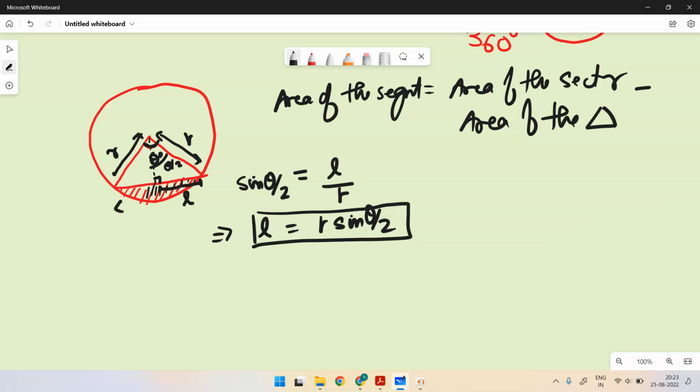The length of the complete base will be 2L, which equals 2R sine theta by 2.